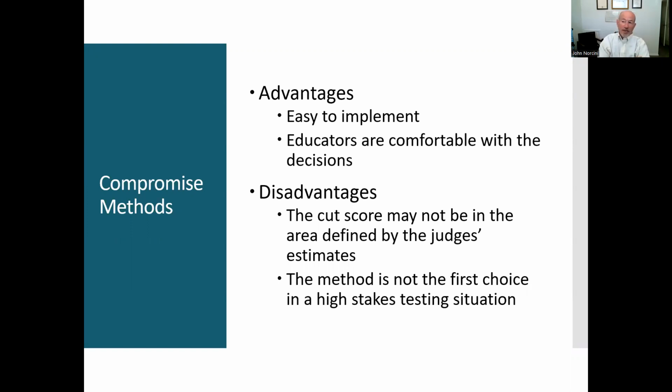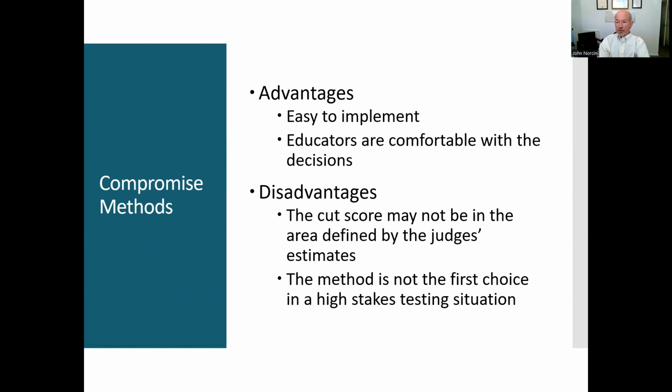So one of the disadvantages of this is that the cut score may not be in the area defined by the judges. Second thing is because it incorporates information about what proportion of examinees should be passing, a relative standard, it's not the first choice in most high stakes testing situations. It's a great fallback position. So many times in practice, we did the Angoff method, but we also asked the judges those 4 questions from the compromise method.